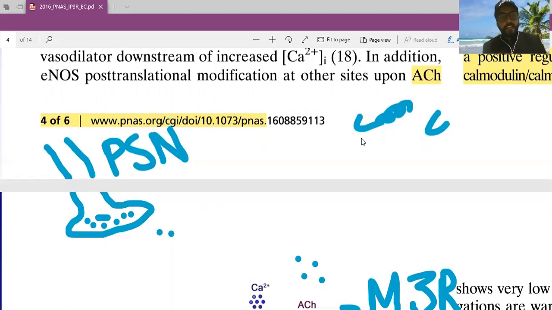The second answer is that acetylcholine is not a vasodilator. Why? Because, as we know, acetylcholine basically is the neurotransmitter of the parasympathetic nervous system, PSN.